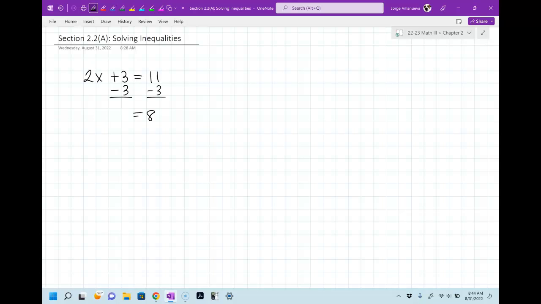So negative 2x equals 8, and then when I divide by negative 2, nothing special happens. I would just write x equal to negative 4. And great, we got it. We're done. Okay? But something is supposed to happen whenever we divide by negatives or multiply by negatives.